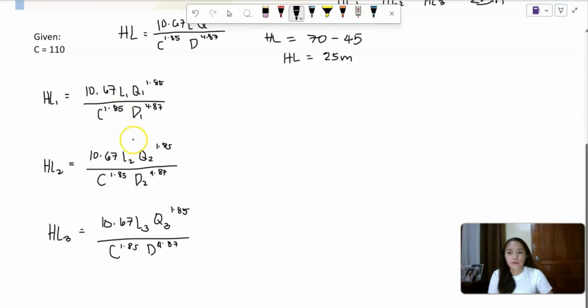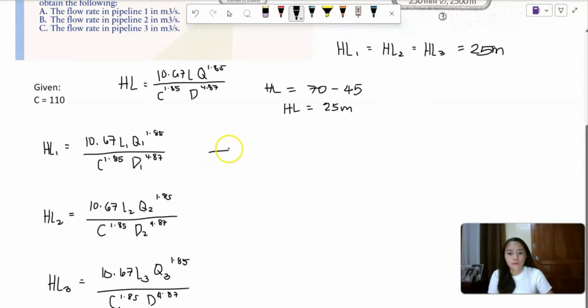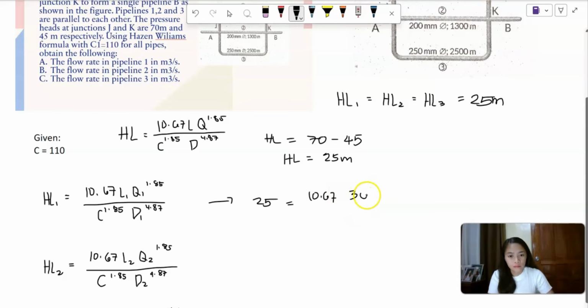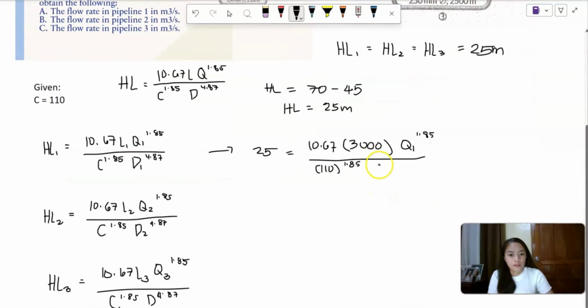So just substitute here for pipeline 1. We all know that head loss is just equals to, so 25 is equals to 10.67 times the length in pipeline 1, which is 3,000, times Q sub 1 raised to 1.85 over C, which is 110, raised to 1.85, times the diameter in pipeline 1, which is 300 millimeter, or equivalent to 0.3 meters, raised to 4.87.